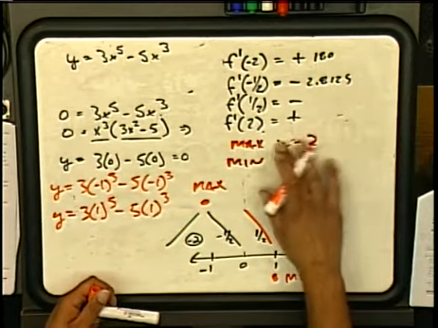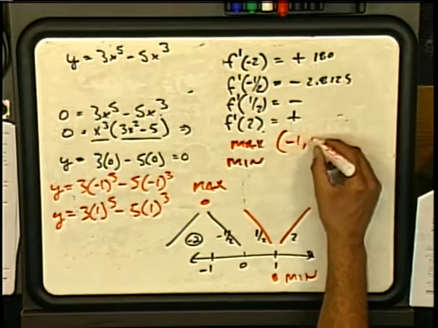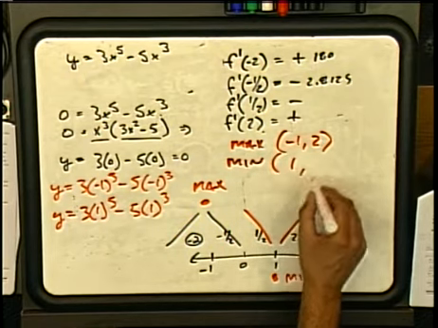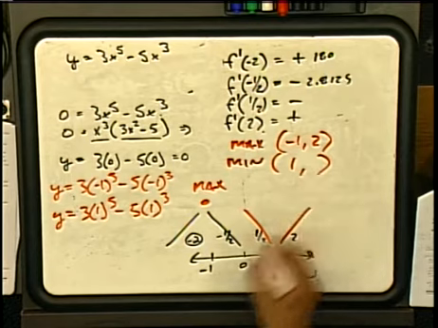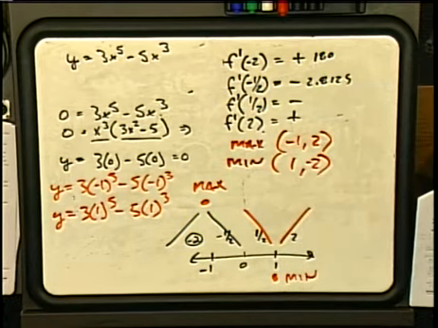Oh, it's (-1, 2). You said 2, right? Yep. And this one would be (1, -2). Yep. So you've got the minimum and maximum.